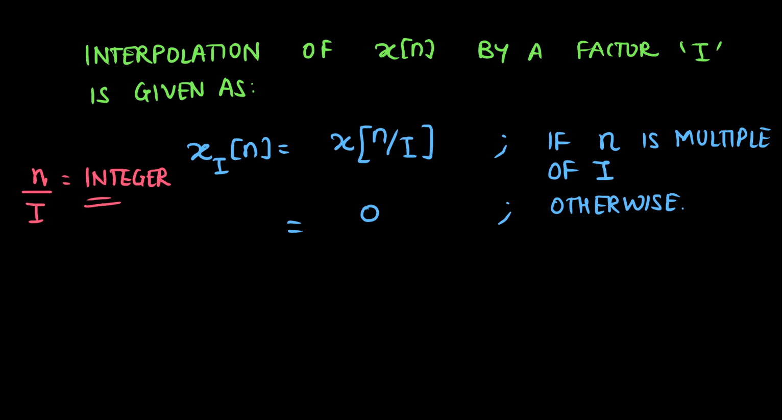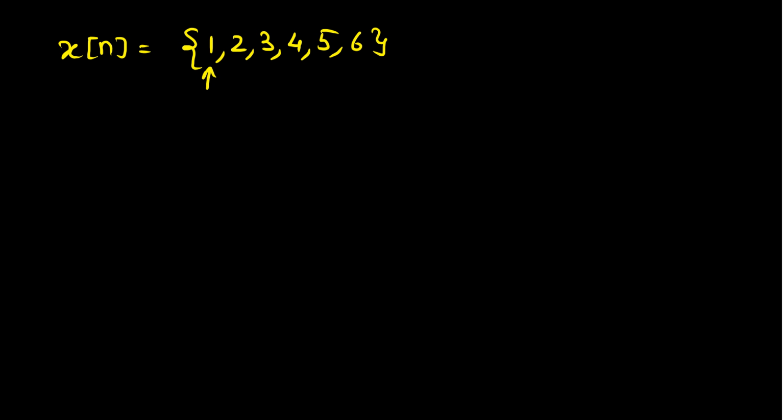So let us try to understand this using a simple example. Let us consider the same discrete time signal which we had considered earlier for decimation and sampling. So let us consider x of n as 1, 2, 3, 4, 5 and 6, where this 1 is located at n equal to 0. Now let us consider the interpolation factor I as 2.